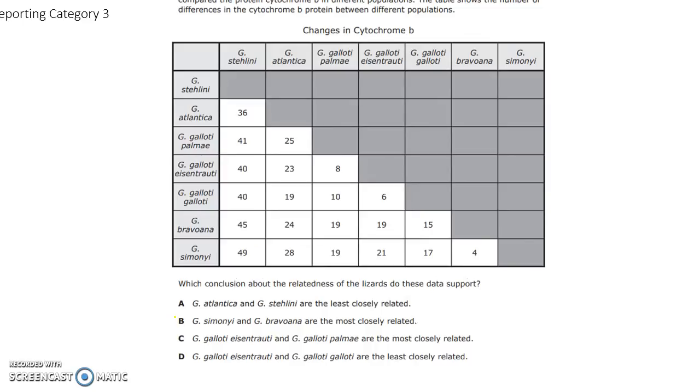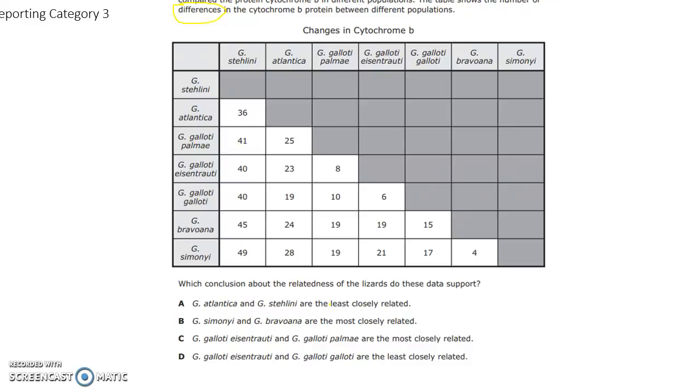This question here is quite confusing because it has a big chart with numbers. So we have to figure out what those numbers mean. The numbers mean the differences. The higher the number, the more different the organisms are. So we need to know about the relatedness of the lizards and the data.